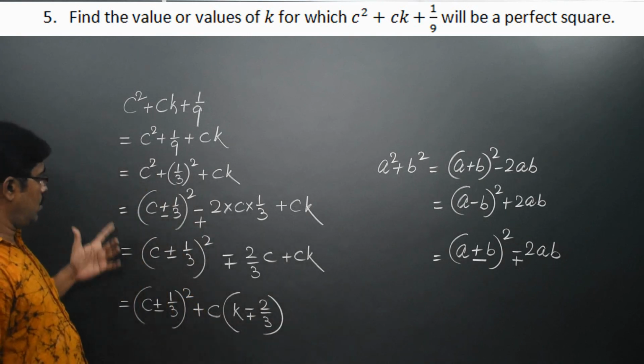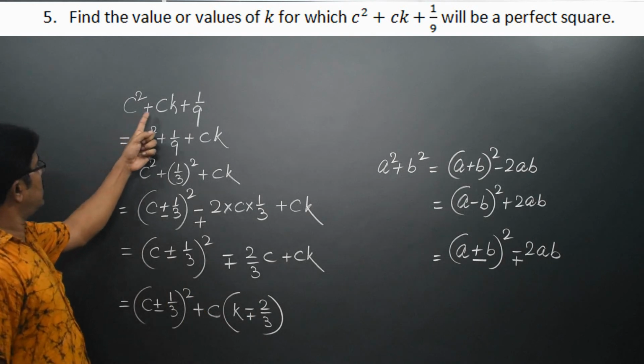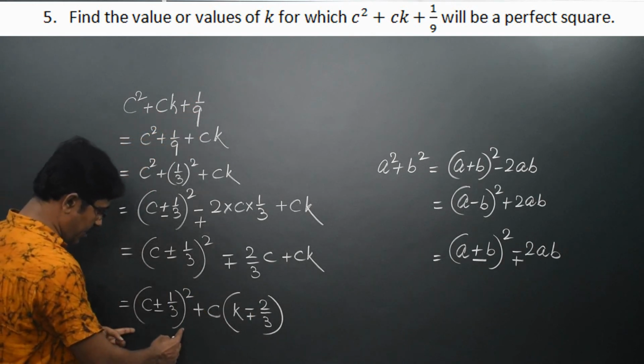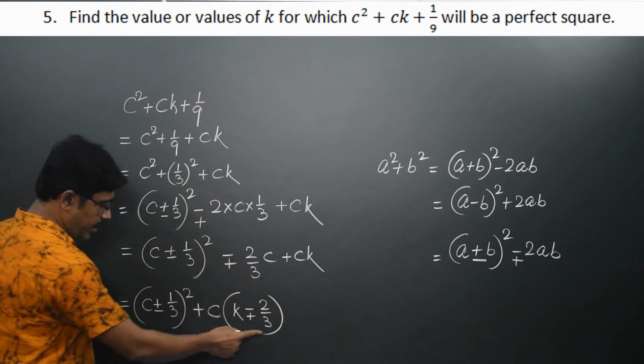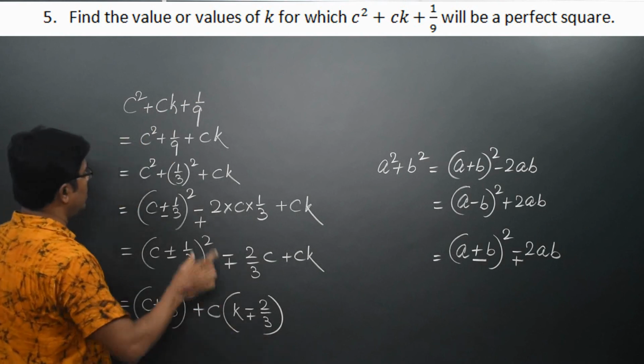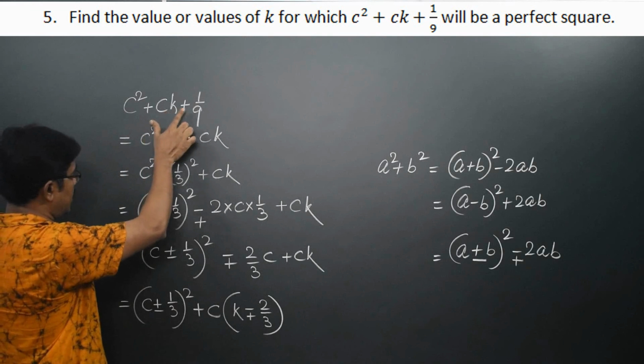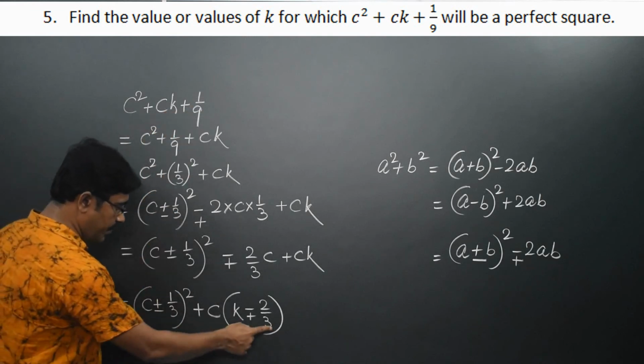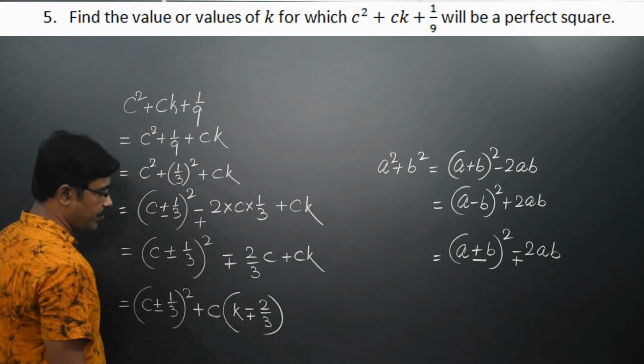Now c square plus ck plus 1 by 9 will be a perfect square if this part is 0.